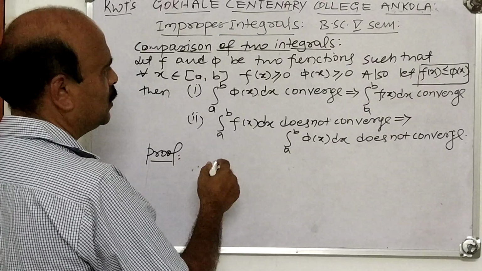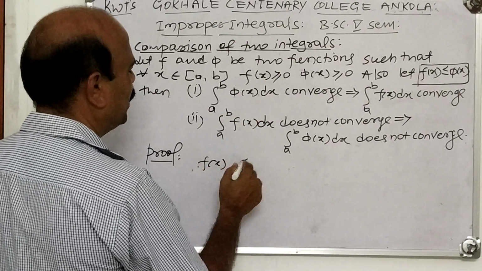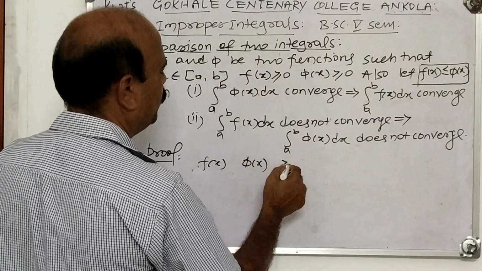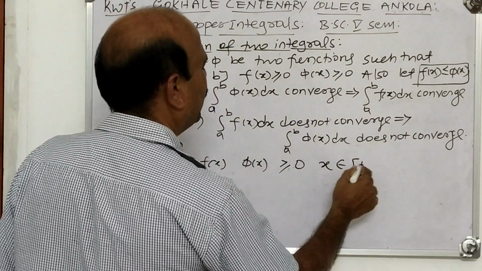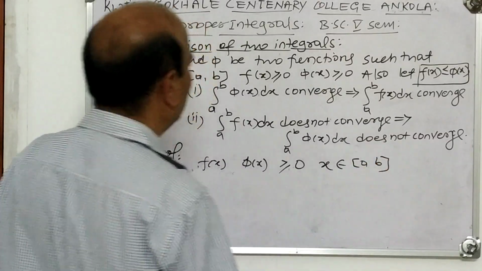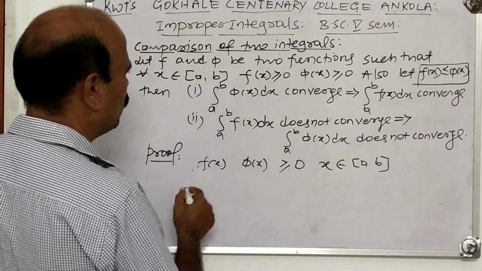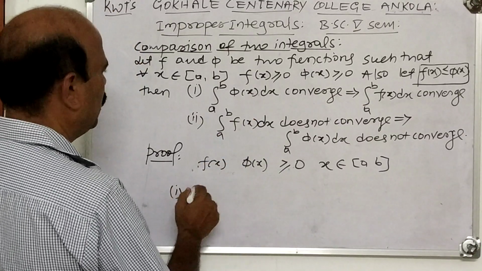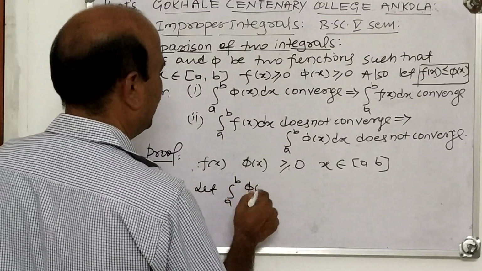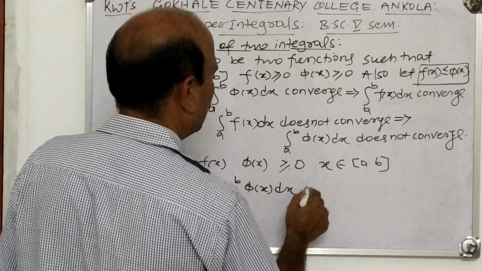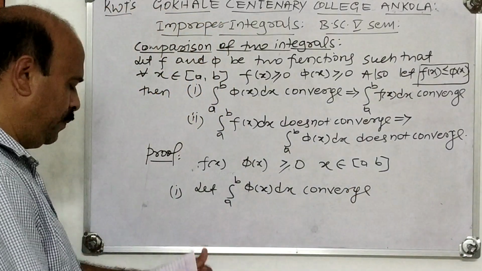What is given here? f(x) and phi(x) are both positive for all x belonging to (a, b). First case: let the integral from a to b of phi(x) dx converge.